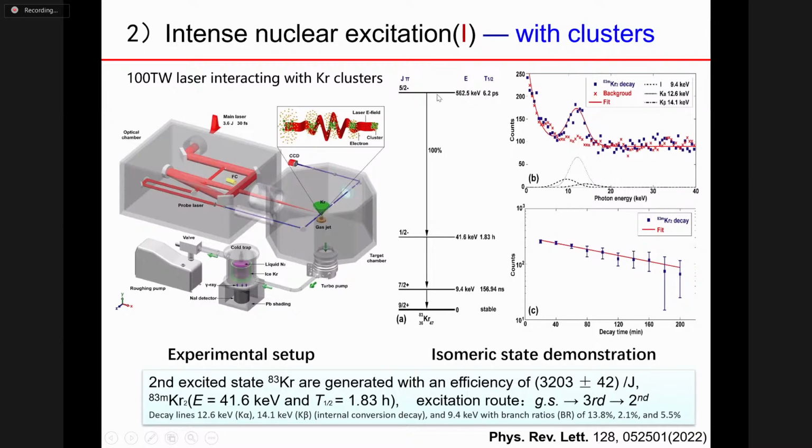Okay, and apart from the neutron sources, we also use this kind of method to directly excite the ground state of the krypton-83 clusters from the ground state to the third state, and then the isomers go from the third state to the second state, and then drop to the ground state.